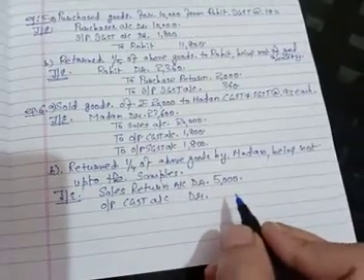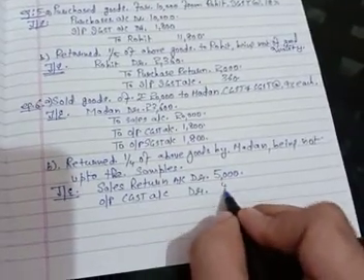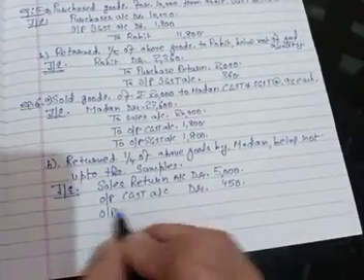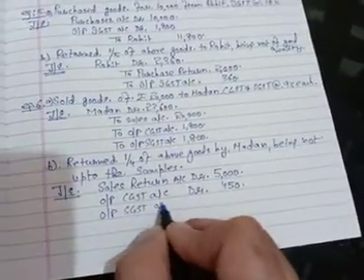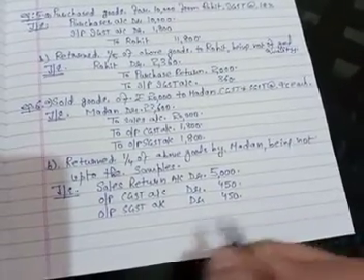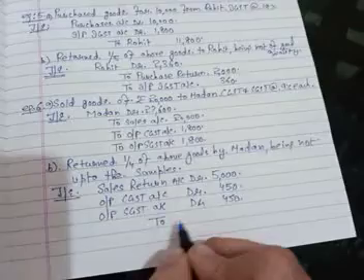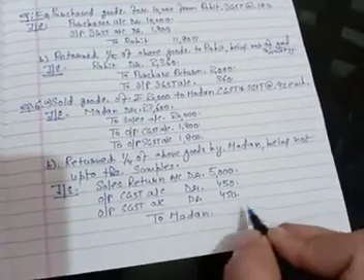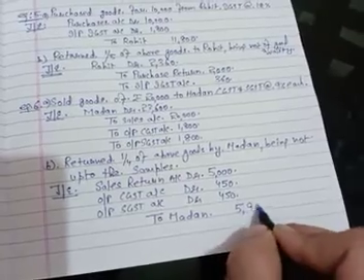Output CGST कितना आया? 9%, that is 450. Output SGST account debit 450 to Madan, total is 5,900.